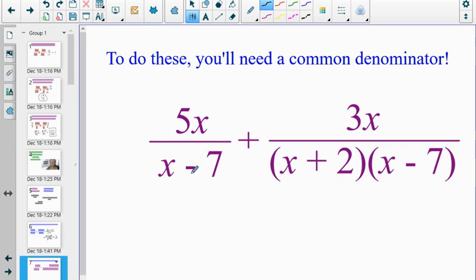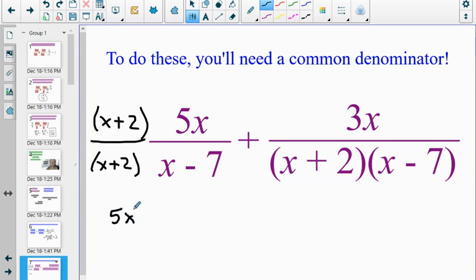It's already there. But in order to get that x plus 2, I will have to multiply this first expression by x plus 2 over x plus 2. So once I've done that, in the first fraction, I've got x plus 2 times 5x. So I've got 5x squared plus 10x.